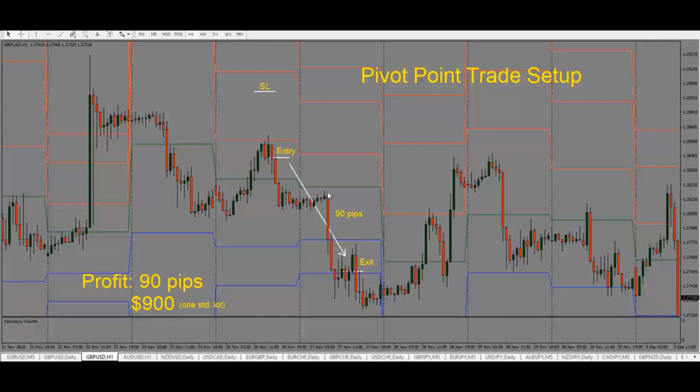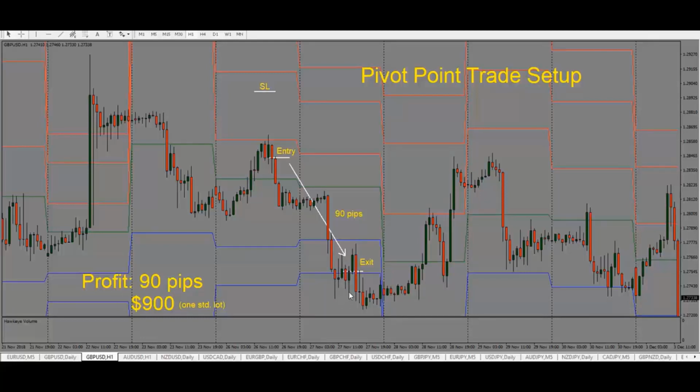So when we are watching for a trend, we know that when price stays below the daily pivot point, the trend is to the downside, and we are looking for it to drop further, and that's the case here. Price holds below the daily pivot point and then it drops. It comes into our S1 level, and finally at the S2 level we see that price starts to go sideways here and we start to see pins in both directions.